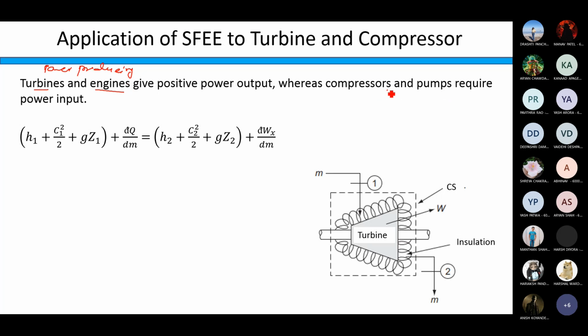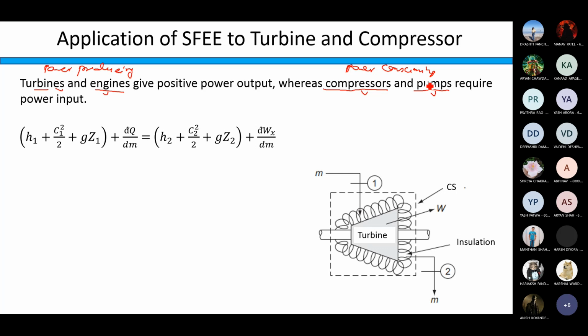Whereas devices like compressors and pumps are power consuming devices, so here your system needs work from outside. These are work consuming devices. So work done per unit time will be positive in these two devices, whereas it will be negative in these two devices.